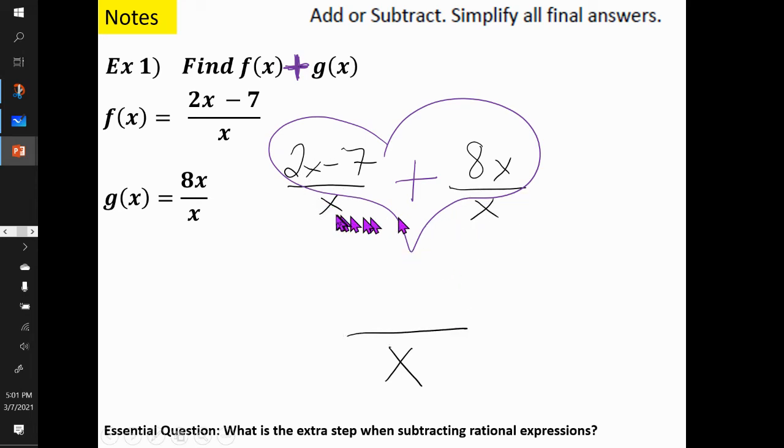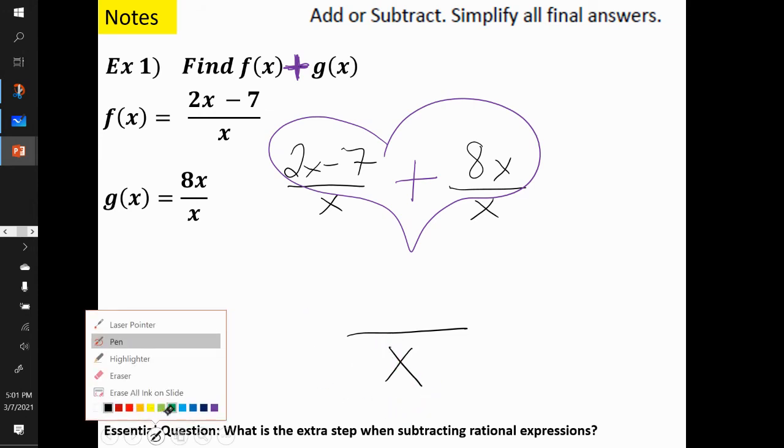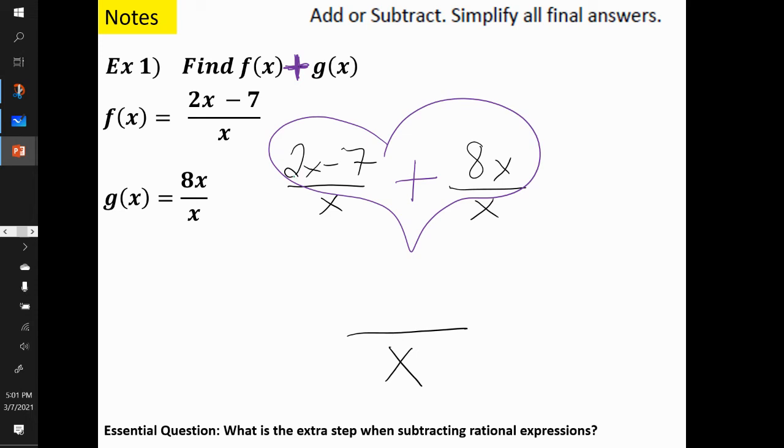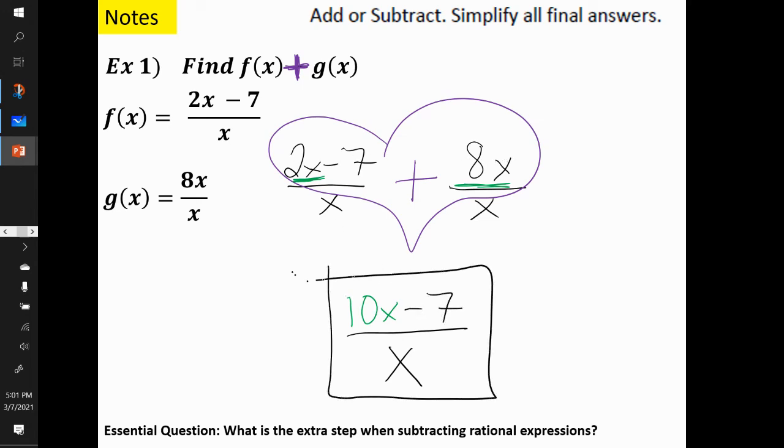You don't add the bottoms, you only add the tops. Then we make sure we only combine like terms. We add 2x plus 8x, so we get 10x. And don't forget that negative 7 does not have a like term, so we just bring it down. And that is it, adding those two rational expressions.